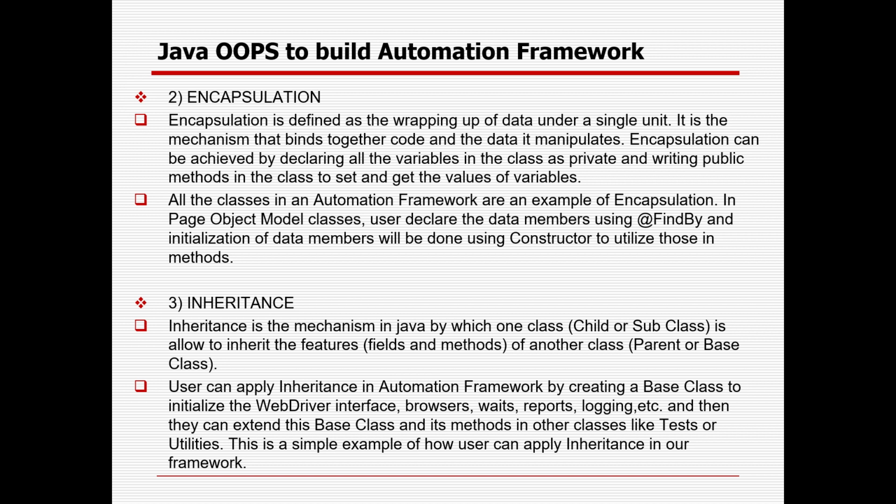So encapsulation is defined as the wrapping up of data under a single unit. Just like a capsule, multiple ingredients can be added in a single capsule. It is the mechanism that binds together code and the data it manipulates. Encapsulation can be achieved by declaring all the variables in the class as private and writing public methods in the class to set and get the values of the variables.